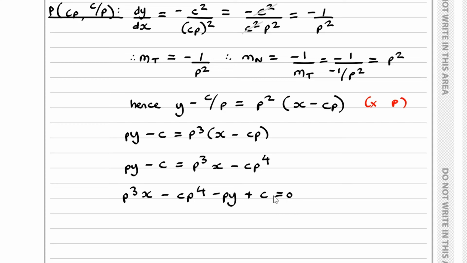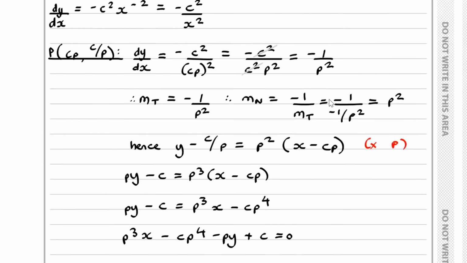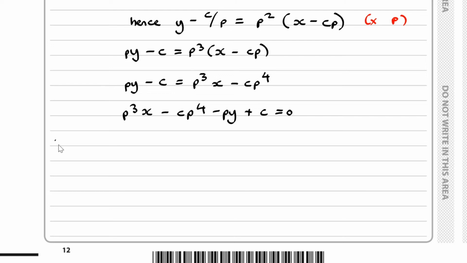And you'd notice we can factorize out a c from this term and this term to give us this result over here. You'd find we have p cubed x minus py plus c lots of 1 minus p to the power of 4 equals 0. We'll call this equation 2. And that's what we wanted to show.